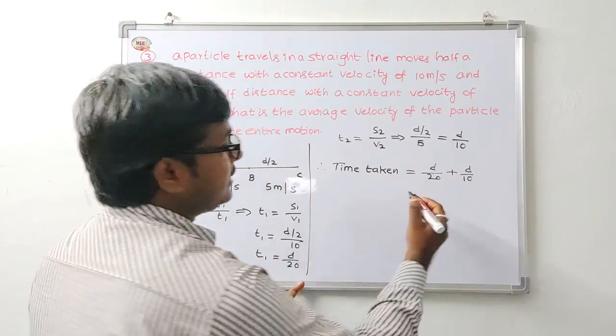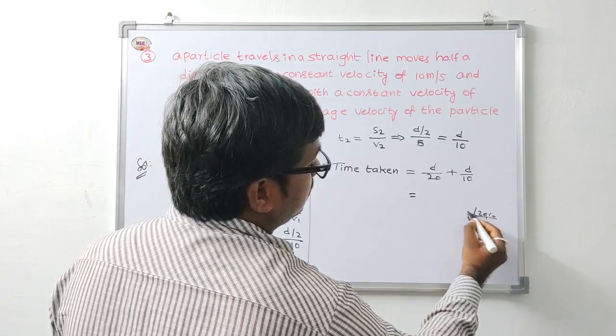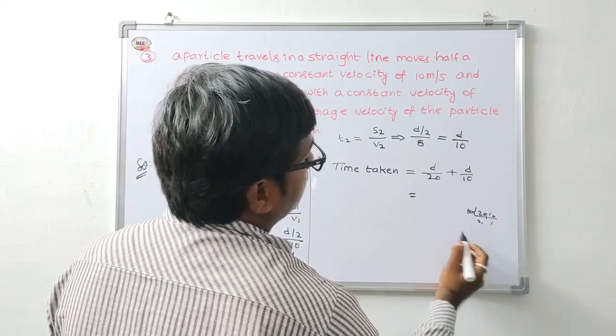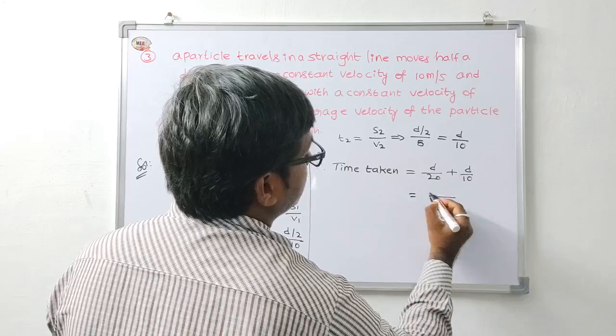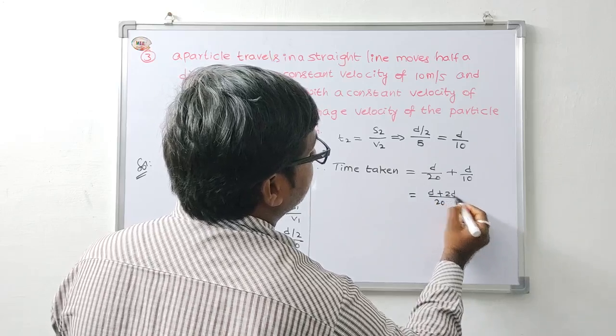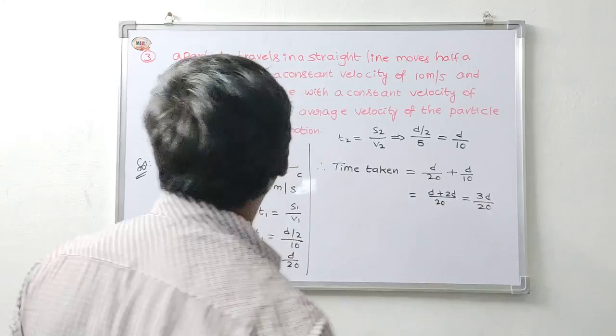Taking the LCM, 20, we get d plus 2d, which is 3d by 20.